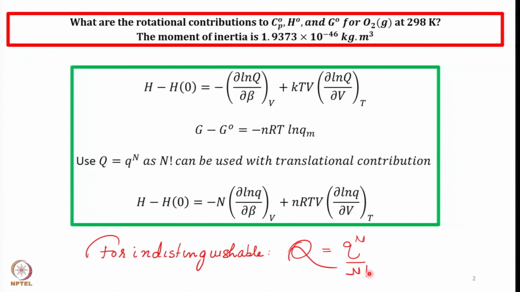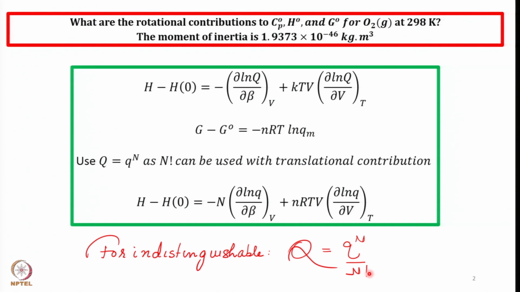So if you include the N factorial term, you include it only once, with the translational contribution, and you can easily get the translational contribution to entropy. Similarly here, you can include it with the translational partition function. You don't need to include this 1 by N factorial with each term.